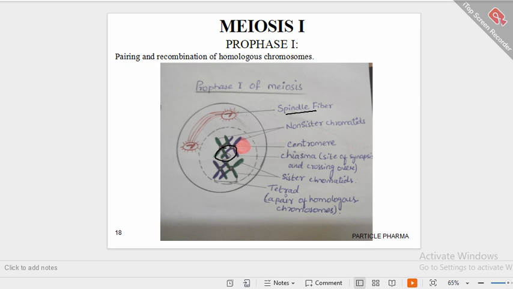The chromatids of the same chromosome are known as sister chromatids, and the chromatids of different chromosomes are known as non-sister chromatids. Tetrad, these two different chromosomes, or a pair of homologous chromosomes, is known as a tetrad. So this is prophase 1 of meiosis 1.